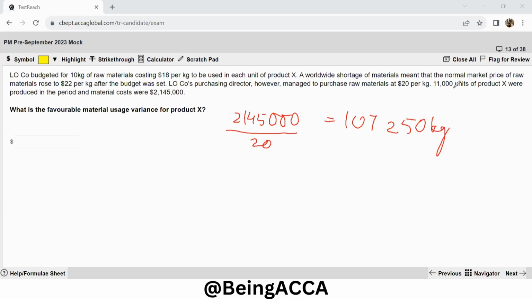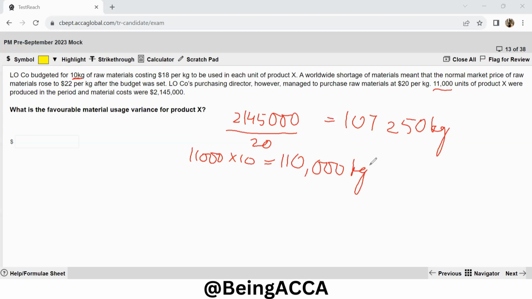We have produced 11,000 units and we should use 10 kg in each unit. So that means 11,000 multiplied by 10. This is something that we should have used, right? And we have used less, so that means our material usage is favorable.